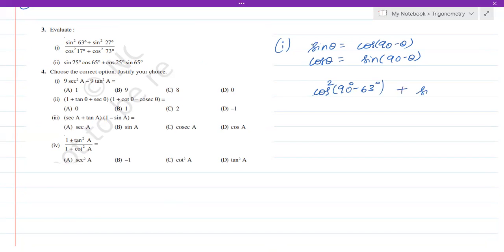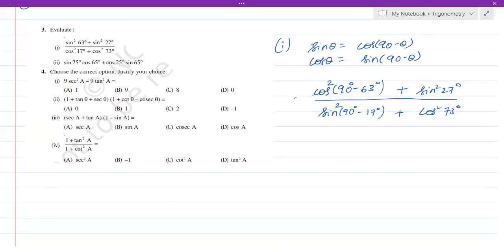Plus sine square 27 degrees as it is. Now the denominator, even in the denominator, we'll change the first term. Cos 17 degrees, cos theta can be written as sine of 90 minus theta. Here theta is 17 degree. Since there is a square, let's square it. Plus the other term as it is, cos square 73 degree.